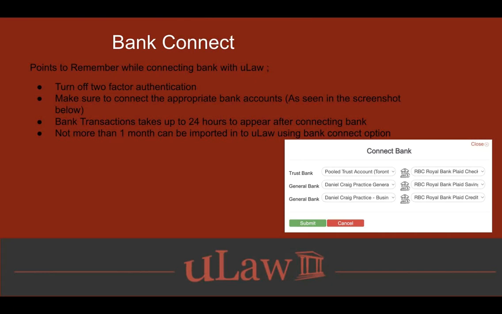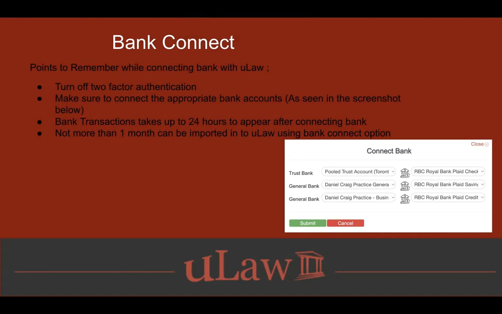So anything that is related to a client, remember, is always done manually. But when it comes to office expenses or drawings or bank transfers, let's say drawings is something you pay yourself, and a bank transfer is something you pay for your credit card. There are so many examples, right?